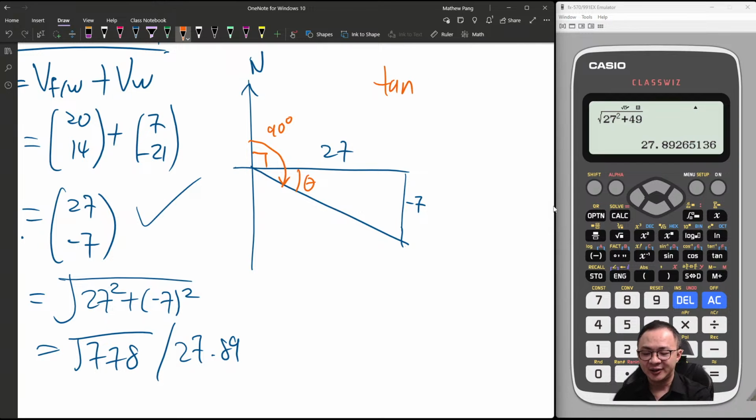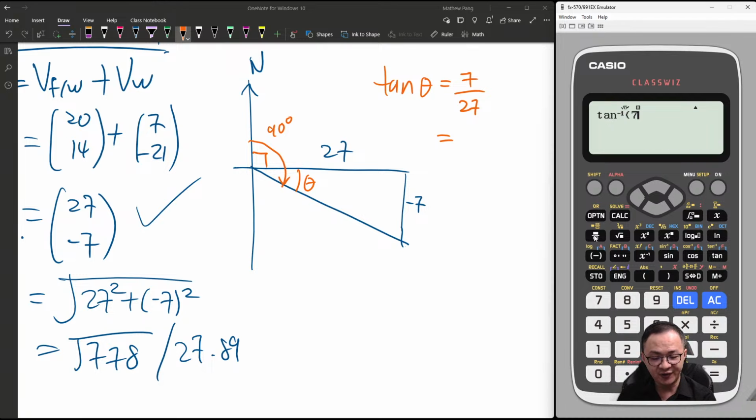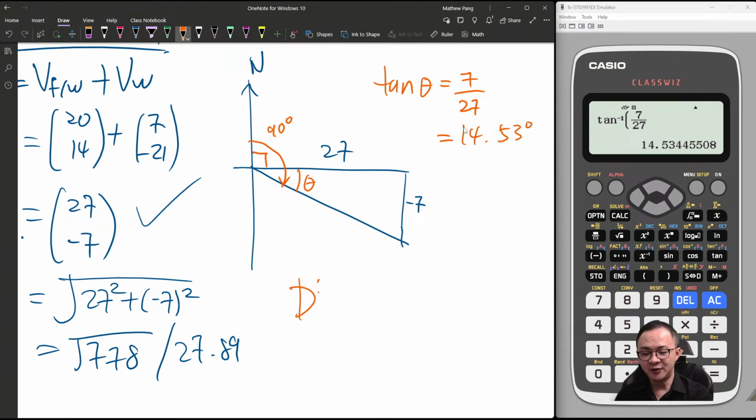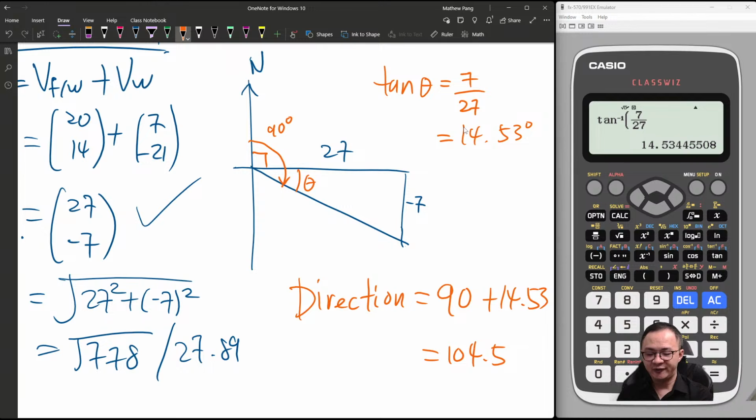So for tangent theta is opposite over adjacent. Don't run to write the negative. You want to find theta only. So shift tangent 7 over 27. I want degrees. 14.53. So therefore, the direction is 90 plus 14.53, 104.53.